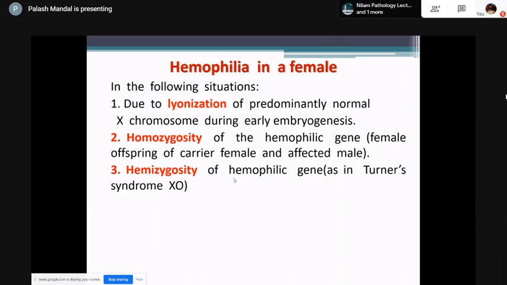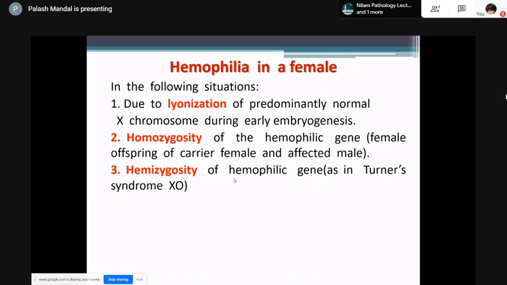One is due to lyonization of the normal X chromosome during early embryogenesis. Though females have two X chromosomes, one of them remains dormant and one is expressive, and which one is dormant and which is expressive is randomly selected. All the cells of a particular female may not have similar expression of a particular X chromosome.